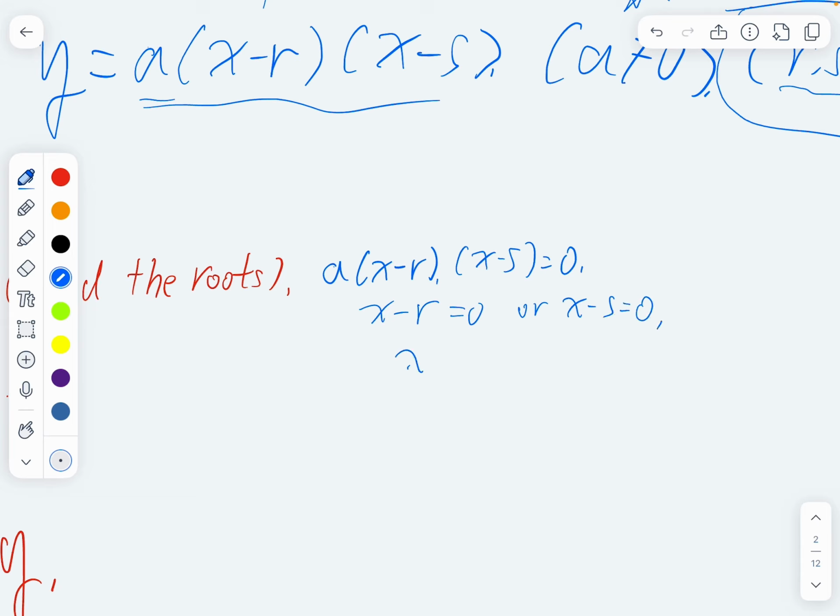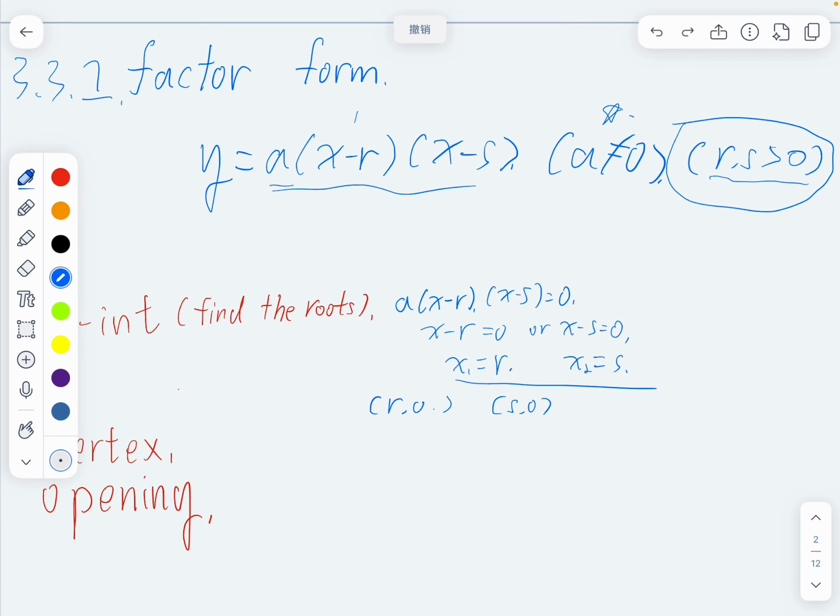So x1 equals r and x2 equals s. So we find the two x-intercepts of the factored form: (r, 0) and (s, 0).